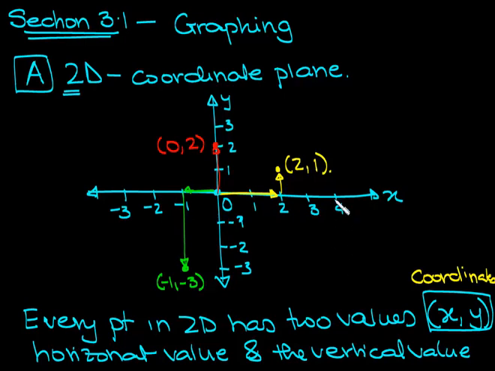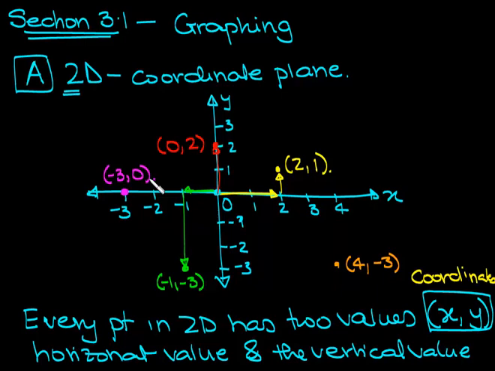I could have this point, horizontally I'm going 4 units, vertically I go down 3 units. And then I could have something like this point. Horizontally we go -3 units, and vertically we don't go anywhere. So those are some examples of points.